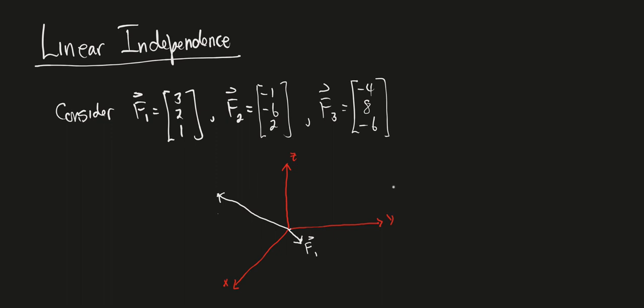And then 6 units in the negative z direction. So I have to go due south from this point. 1, 2, 3, 4, 5, 6. So roughly there, right? So then let's draw our vector again, starting at the origin and ending at that point, right? So let me label all of these. So this is my F3, this is my F2, all right?